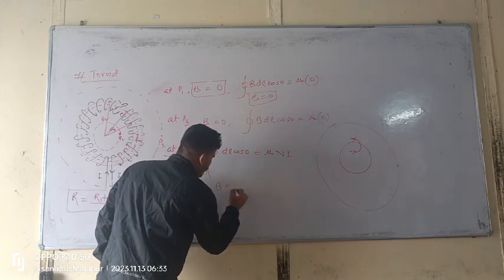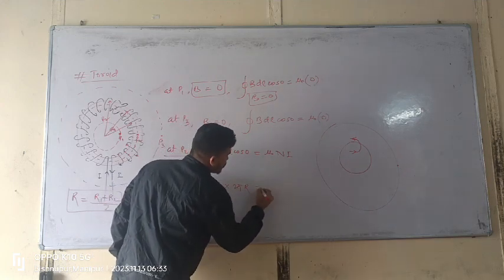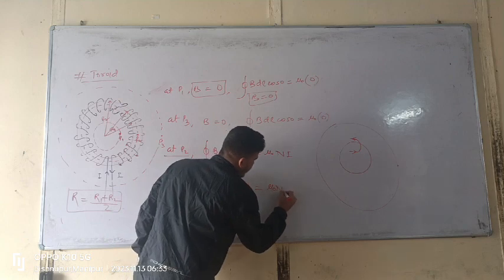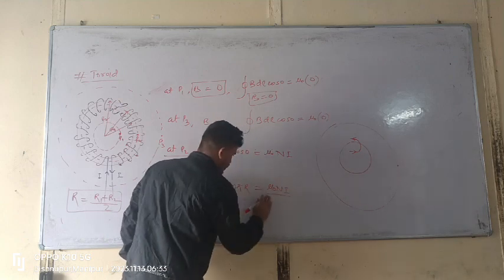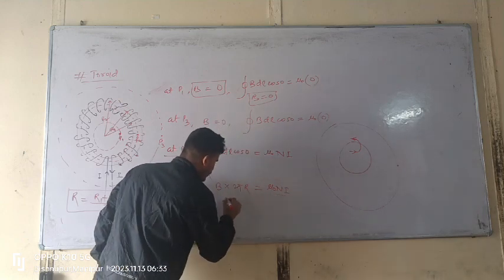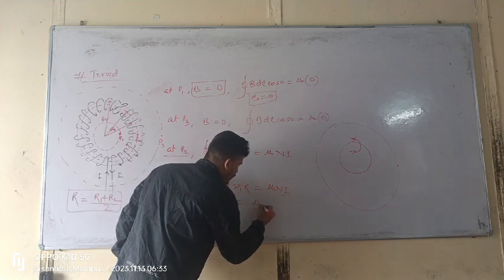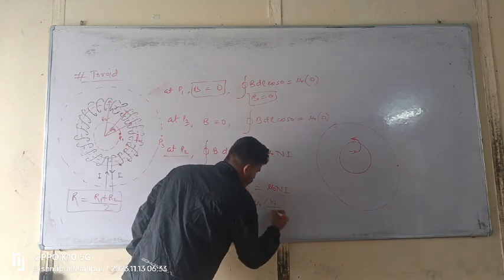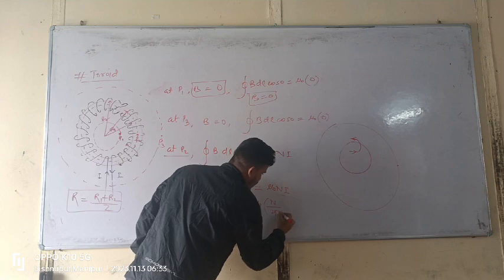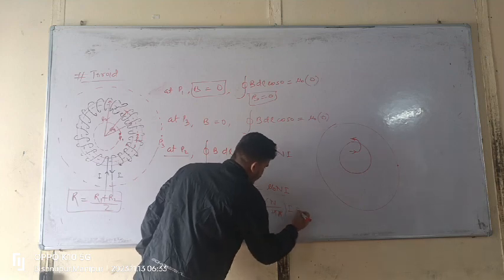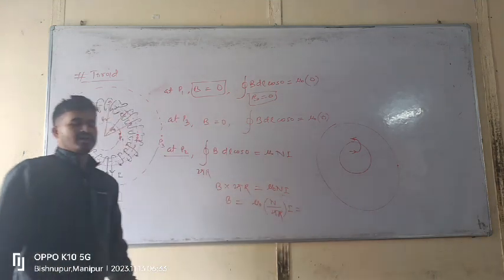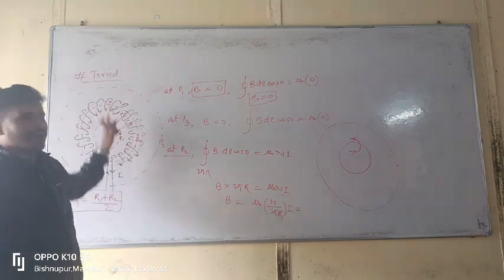Now, B into 2 pi R equals mu naught N I. So B equals mu naught N upon 2 pi R into I. What is N upon 2 pi R? Number of turns per unit length.